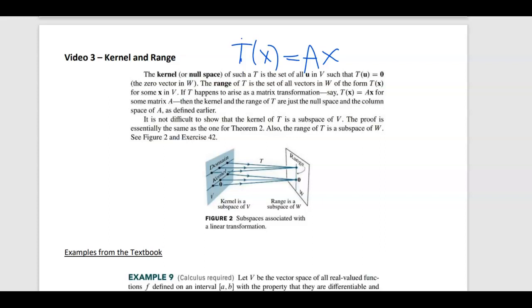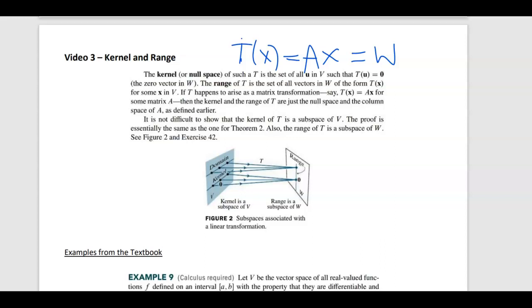Okay. Now the range of T is where we are mapping to. So the range of T is the set of all vectors W you end up getting as you take these A times x's, okay, in your range.